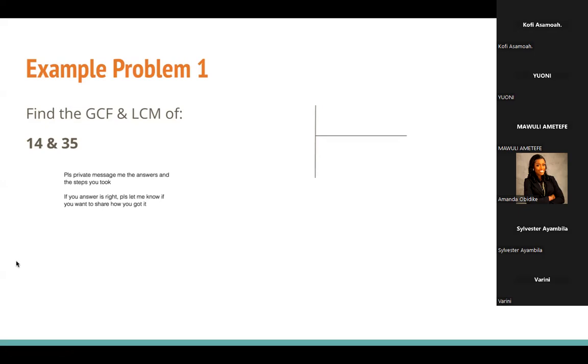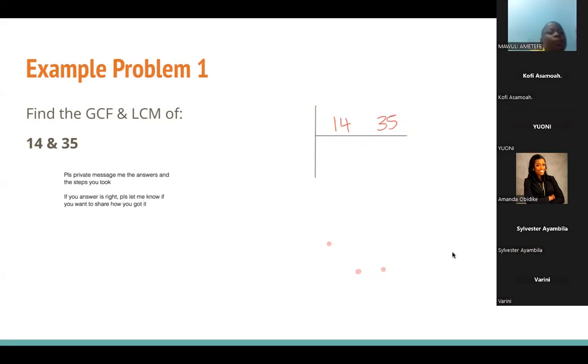Can you explain what you did once more so I can write it down? Okay. I said 14 and 35. 7 will enter 14 2 times and enter 35 5 times. And there's no number that can enter 2 and 5.